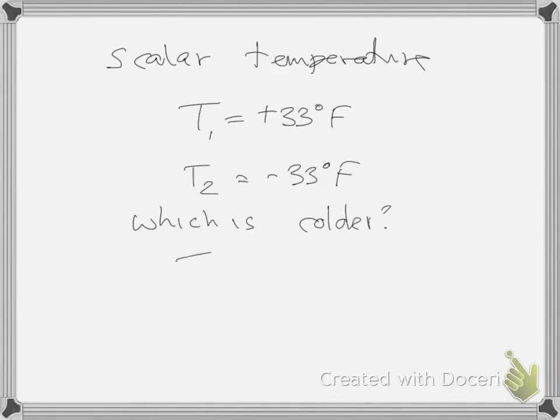Well, T2 is colder than T1, right? Negative 33 degrees Fahrenheit is colder than positive 33 degrees Fahrenheit because negative 33 is smaller than positive 33. That negative has nothing to do with direction. It has to do with the size of the quantity.